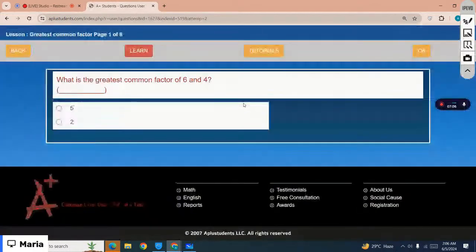Greatest common factor of 6 and 4. Let's write down the factors of 6 and 4.